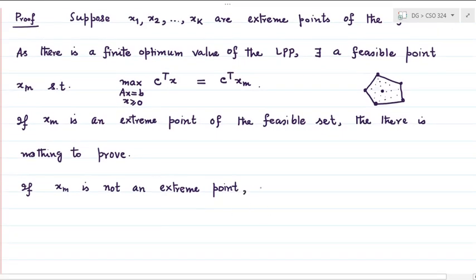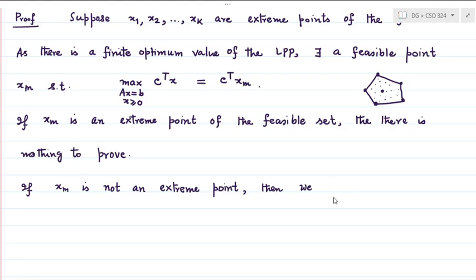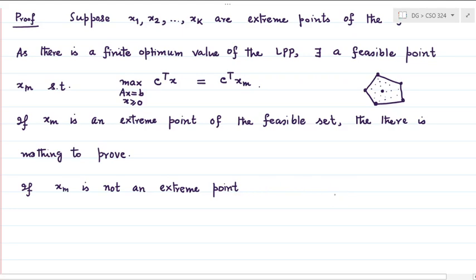Fine, and therefore if xm is not an extreme point, then we consider the following equation, which is valid for xm because xm is a feasible solution, and therefore xm can be observed as a convex combination of the extreme points.